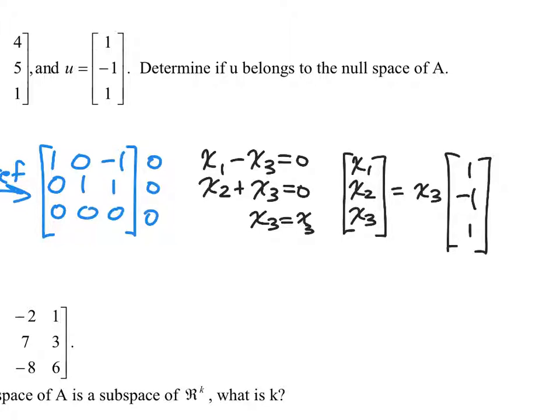So I don't have any other values here, so I don't have to worry about linear combinations coming into play in a more expansive context. Like if I had 4 or 5 different free variables, it could be tough to figure out if u falls in the set. But u is actually what this would be if x3 is equal to 1. So we could say that u is in the null space of A when x3 is equal to 1.